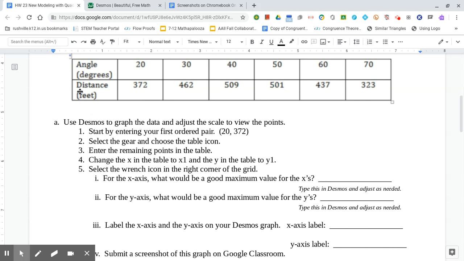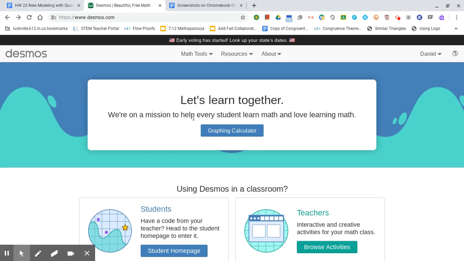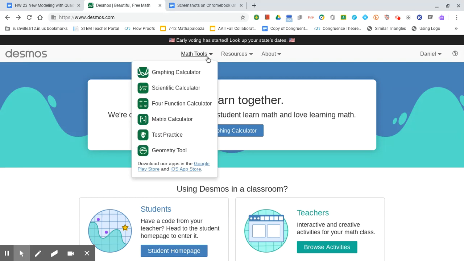One thing to recognize is that we are going to use our angles as our x values and these distances as our y values. So if you hop over to desmos.com, we're going to use the graphing calculator, and you can either choose the big button in the middle or you can go to the math tools and choose it from there.